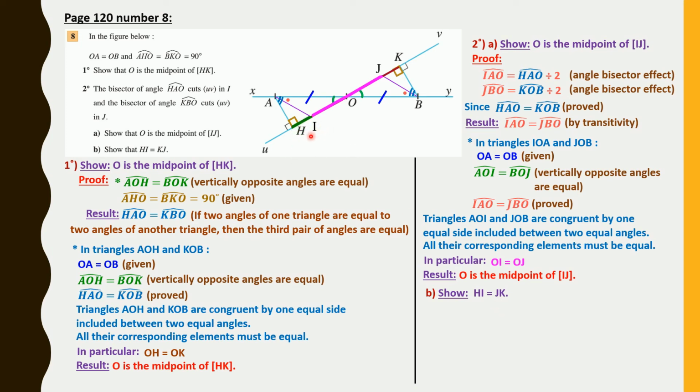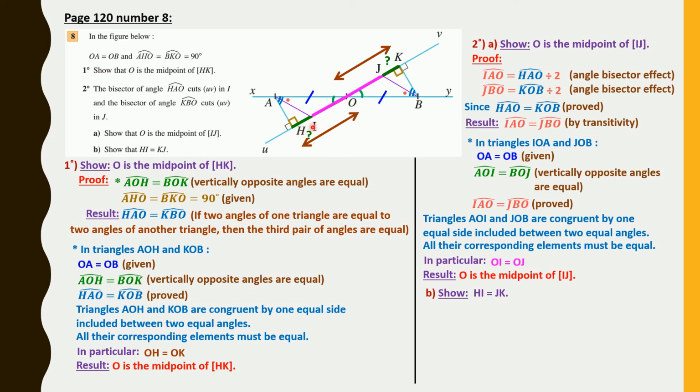So to prove that the two segments HI and JK are equal, what do you think we need to do? Here we have no measurements given, but from question 1, we know that OH equals OK. And from question 2, we know that segment OI equals segment OJ. So can we use the transitive property?